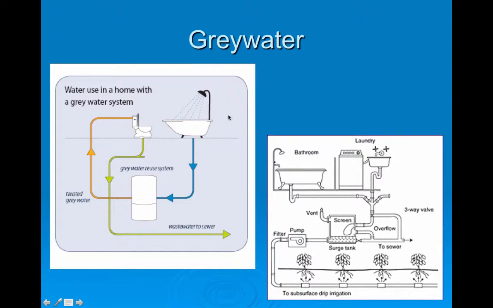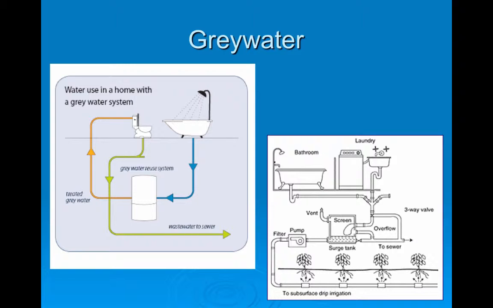All right, gray water is water that has either been partially treated or does not contain waste at all. So things like water from your shower or the laundry or your dishwasher is collected, slightly treated, not a whole lot, and then used for irrigation purposes.